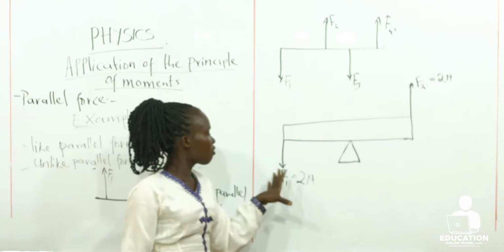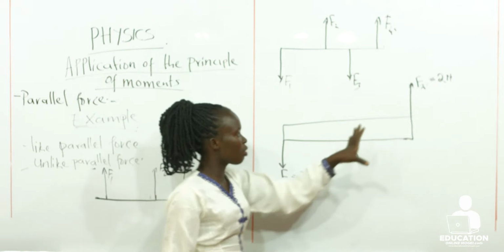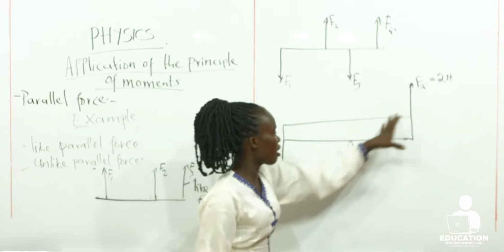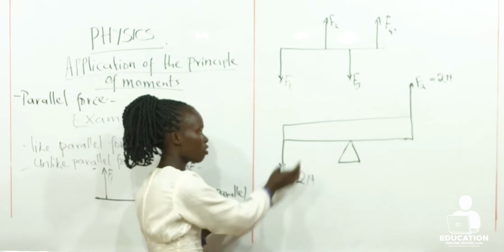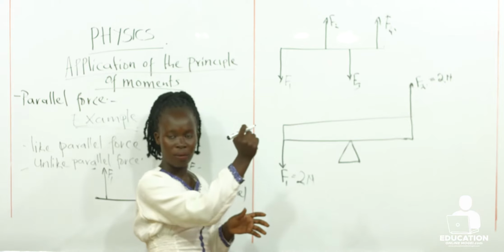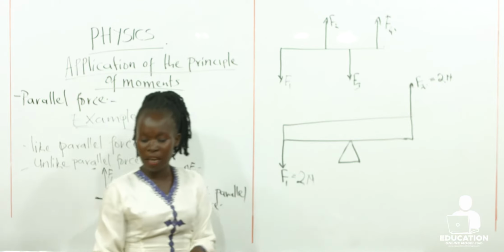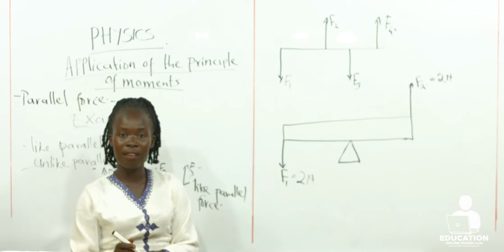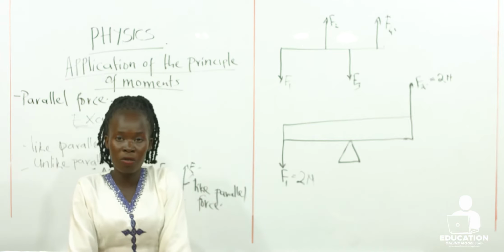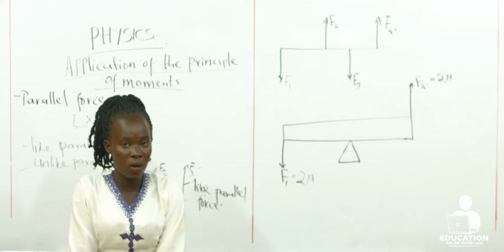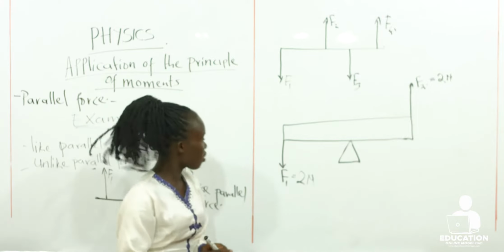If this force here is balancing with the same, the clockwise force is equal to the anti-clockwise force, that means that it is giving rise to some other thing known as the couple of force, or you can say it is a torque. Let me write it.